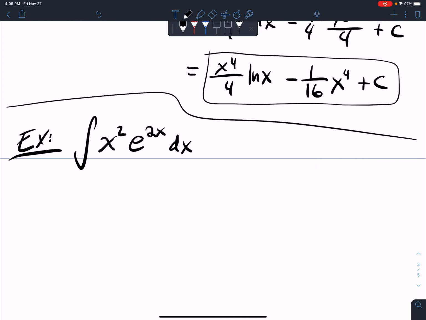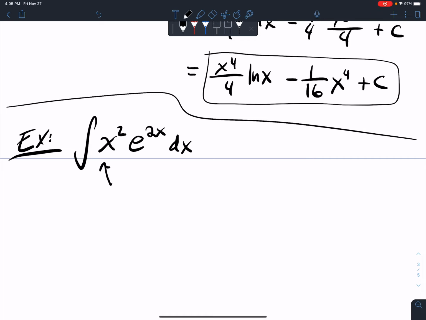What I would do here is think, okay, I want to pick a u that's easy to take the derivative of and a dv that's easy to integrate. Well, to me, e to the 2x is pretty easy to take the derivative of. It's pretty easy to integrate, right? So it's just the application of the chain rule.